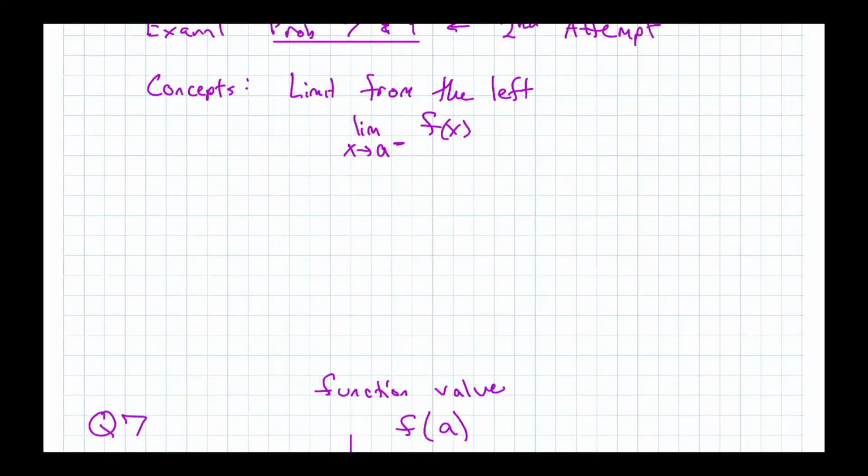So from the left has a minus sign. Then you have the limit from the right, which has, of course, the same symbols, but with a plus from the positive side.